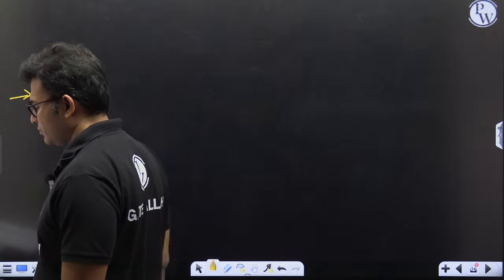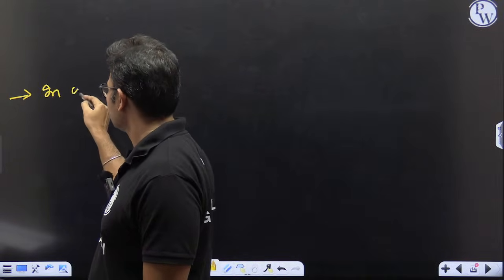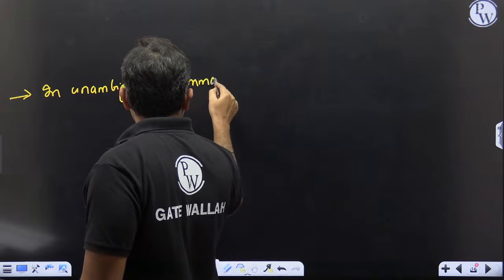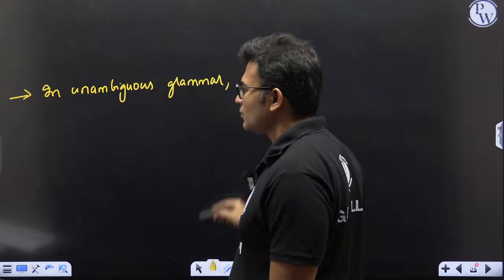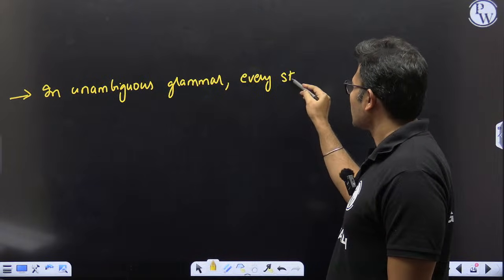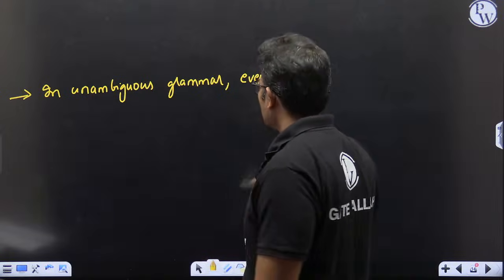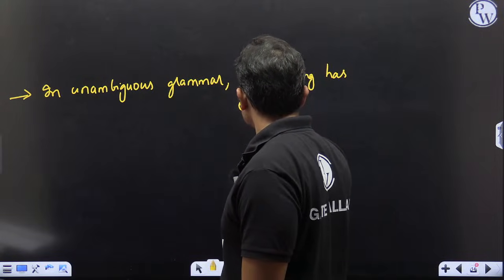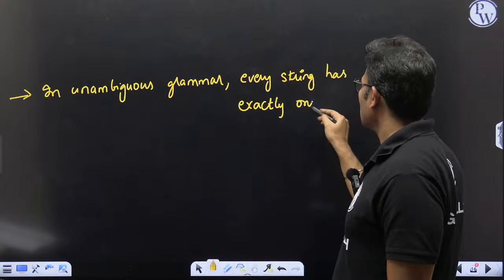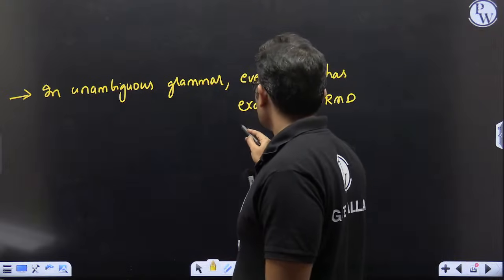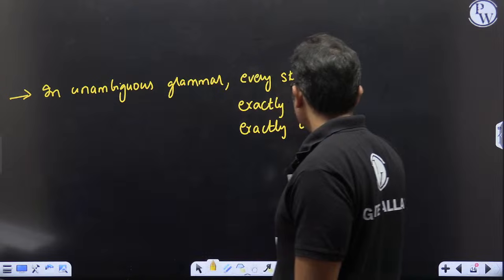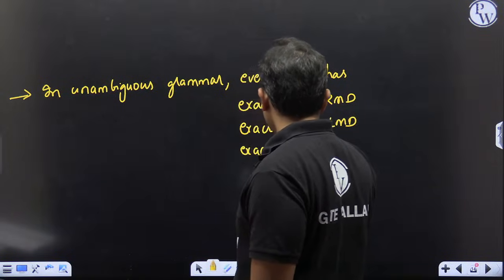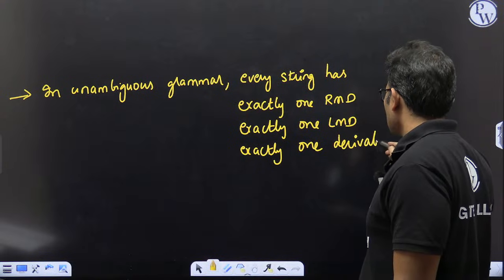In an unambiguous grammar, every string has exactly one RMD, exactly one LMD, exactly one derivation tree.